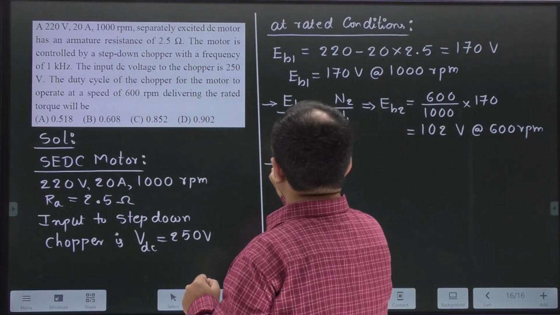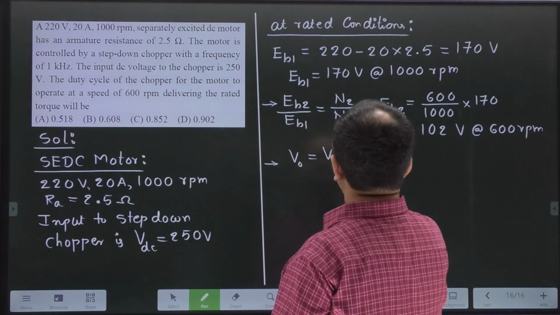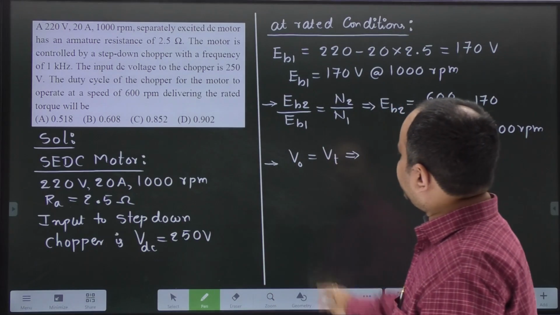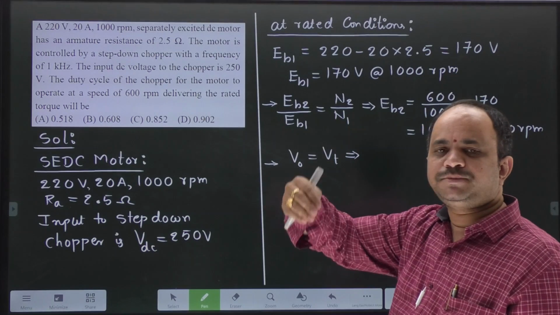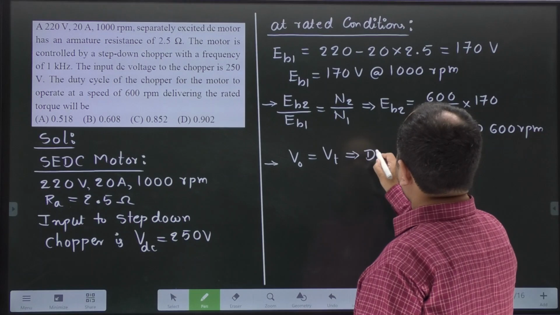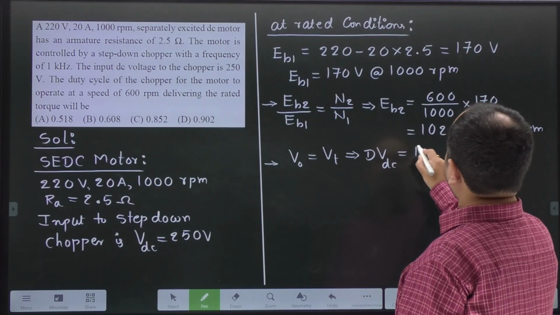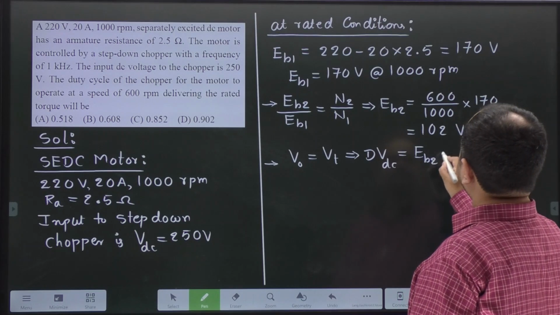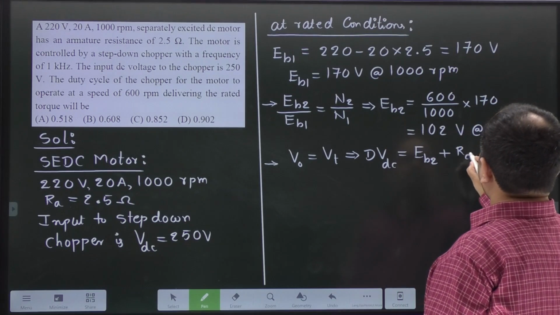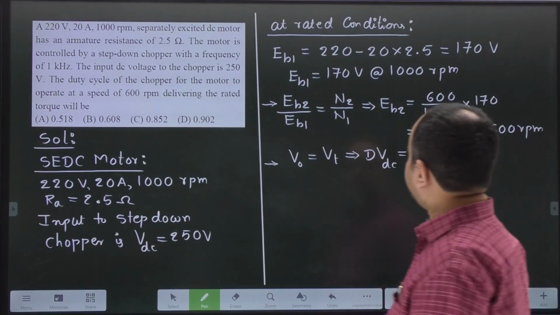So what could be our equation? V0 is equal to Vt. Am I right? But what is V0? V0 is the output voltage provided by the step down chopper. That is D into VDC is equal to, what is Vt in the second case? EB2 plus IaRa drop.